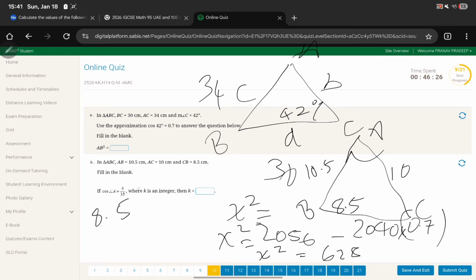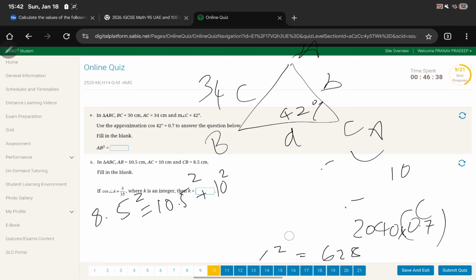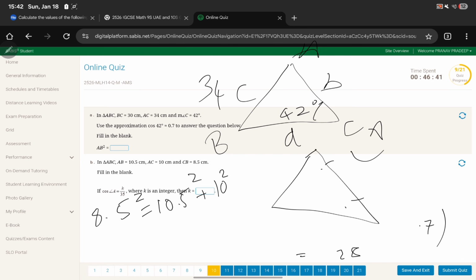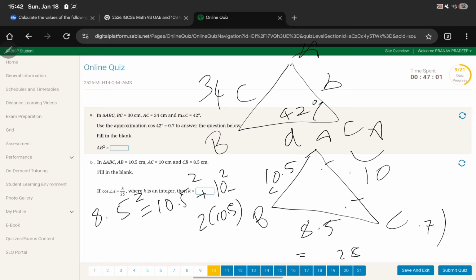So it's 8.5 squared equals 10.5 squared plus 10 squared, minus 2 times 10.5, which is C. You're finding what again?